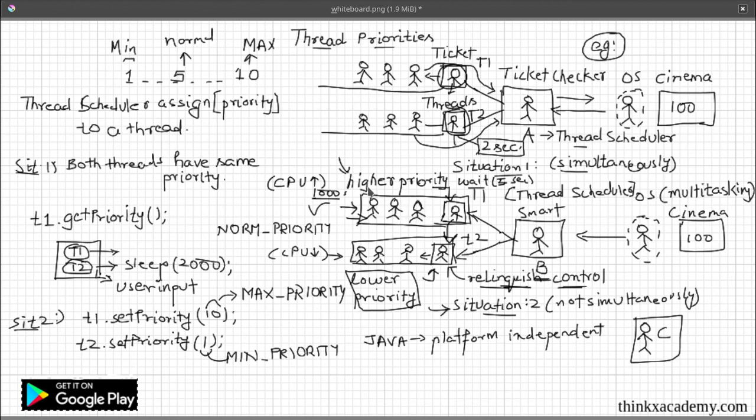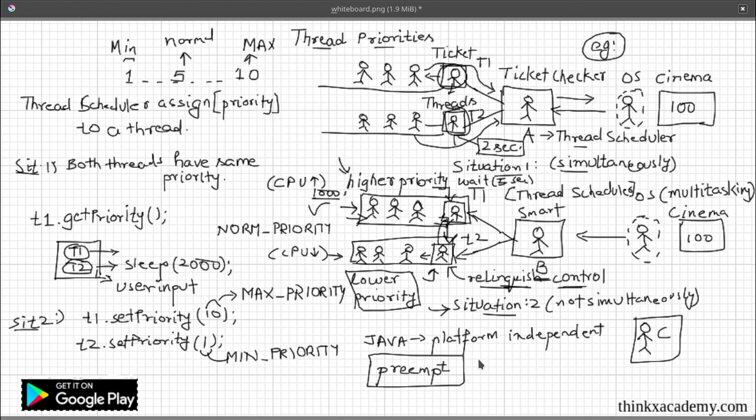Since this has a higher priority thread, this person will have to move back to here. Now this movement is actually known as preemption. This is also a very important term, preempt. Preempt means that you are stopping or leaving a particular thread and going into another.